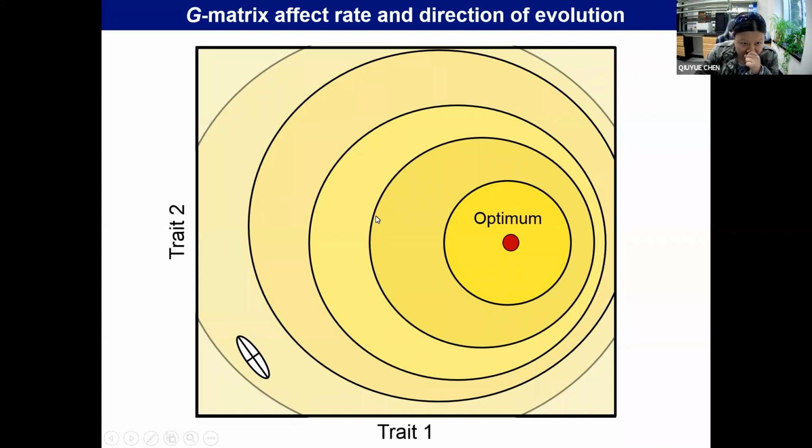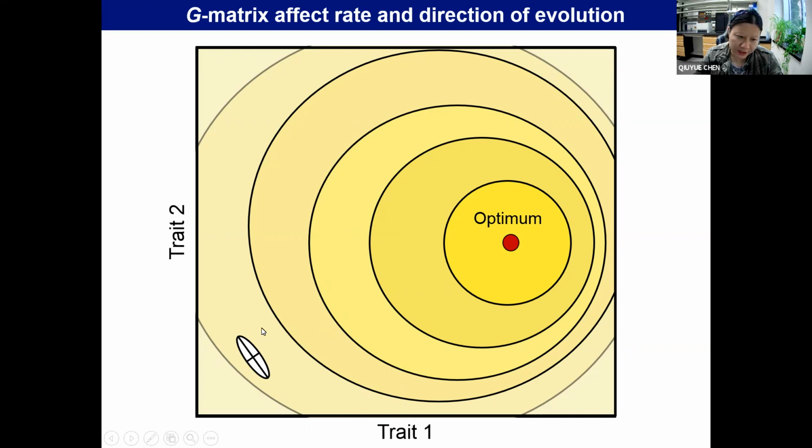The genetic correlation structure, or G matrix, can affect the rate and direction of evolution. The eventual evolutionary goal is to reach an optimum between traits.